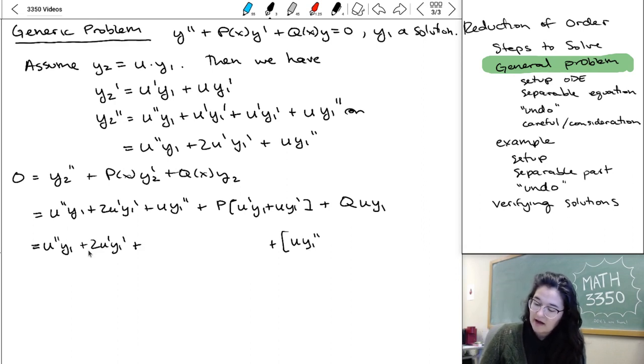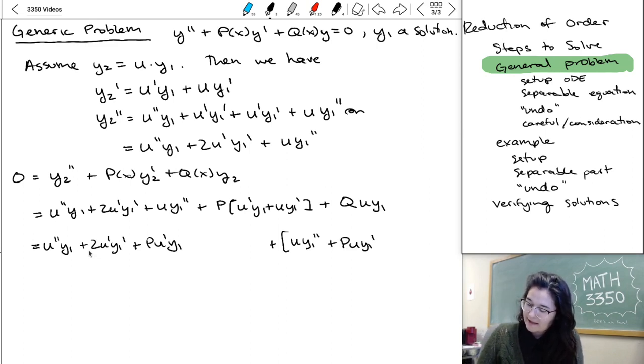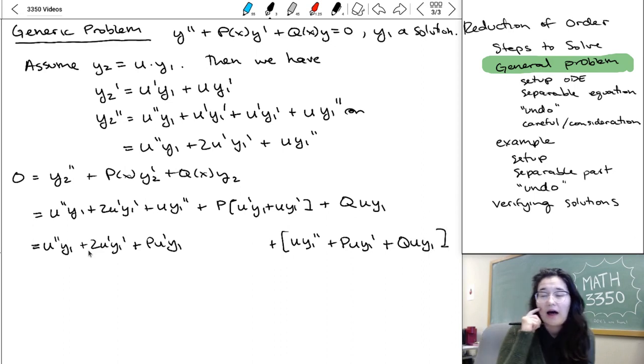Then next, I've got p u prime y1, and then p times u y1 prime. Since there's a regular u in it, I'd like to put it over here. And then lastly, I've got this q u y1, and it includes a q and a u, so I will put it over here. And I gave myself a bit too much space, but that's fine.